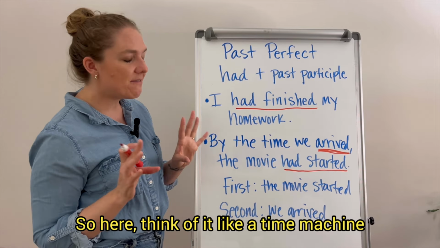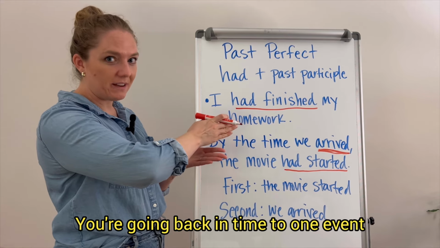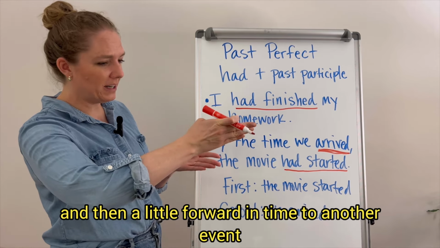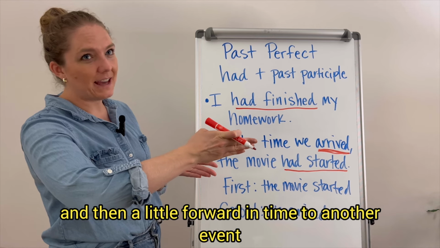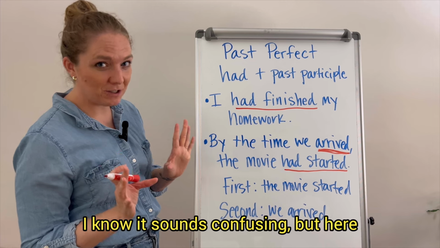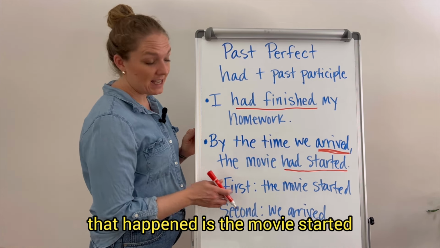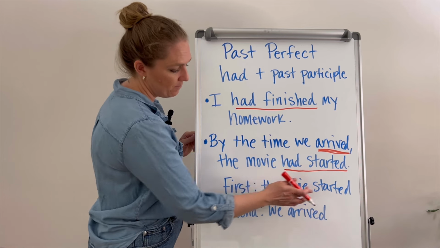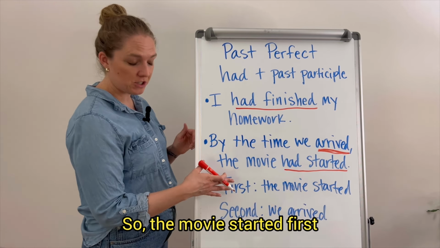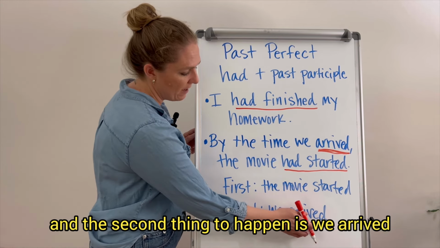So here, think of it like a time machine. You're going back in time to one event and then a little forward in time to another event that is still in the past. I know it sounds confusing, but here. The first thing that happened is the movie started. And the second thing to happen is we arrived.